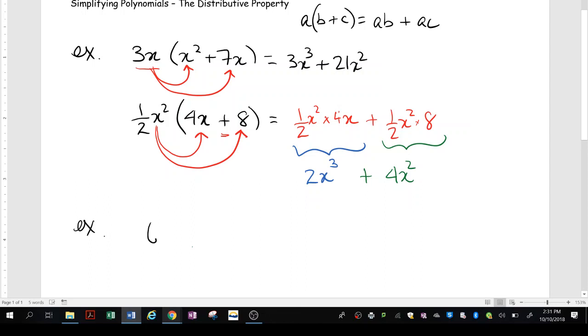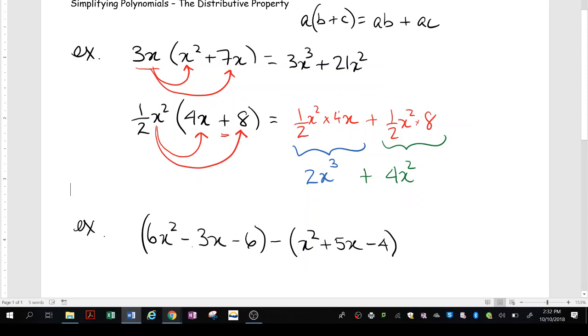So if we have the expression 6x squared minus 3x minus 6, and we're going to subtract from that the expression x squared plus 5x minus 4.